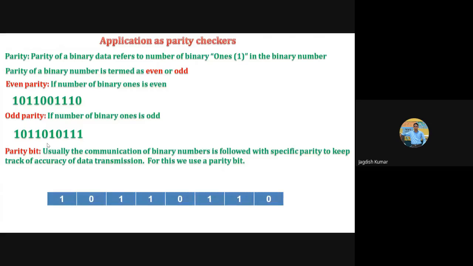So how does that work? Suppose we have binary data which we have to transmit. Suppose this portion of the number represents the actual data bits which we have to transfer. This may be binary data corresponding to an image. This may be data corresponding to an audio.